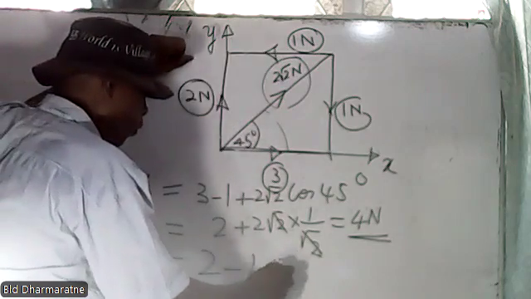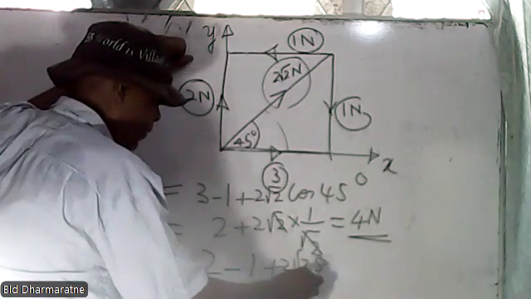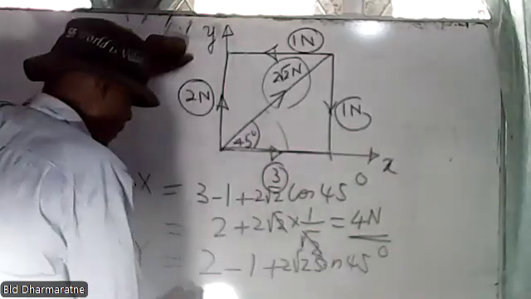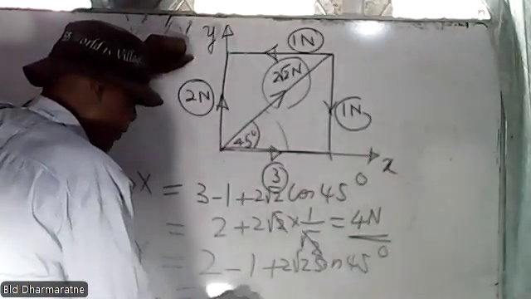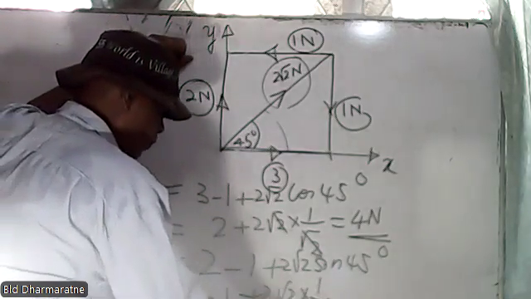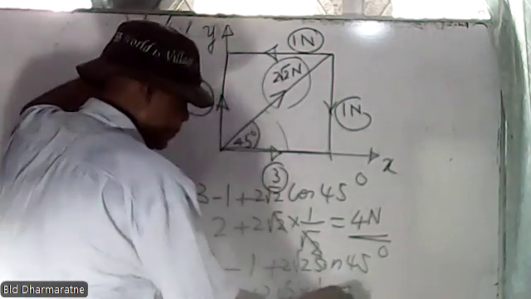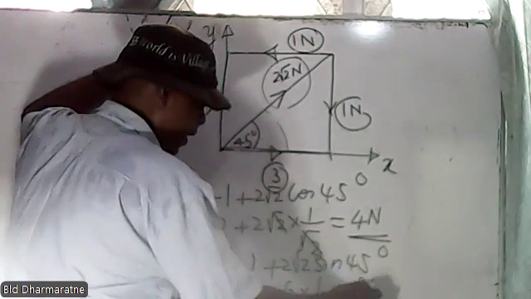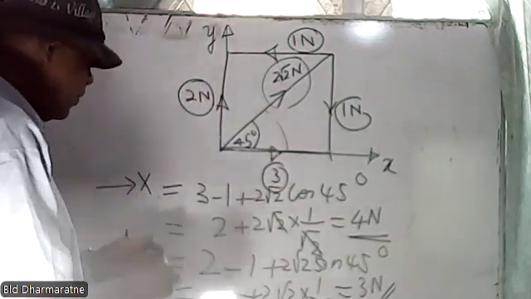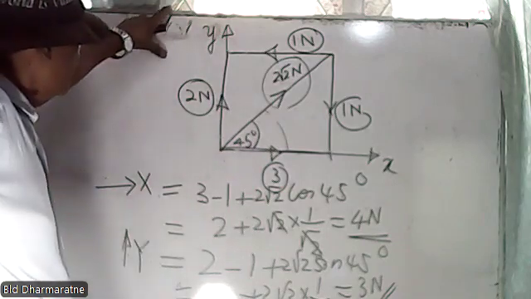So 2 minus 1, 1, plus 2 root 2 into 1 over root 2 equals root 2, root 2 cancels. 3 Newton. The unit should be included in the answer. This is resolving forces.